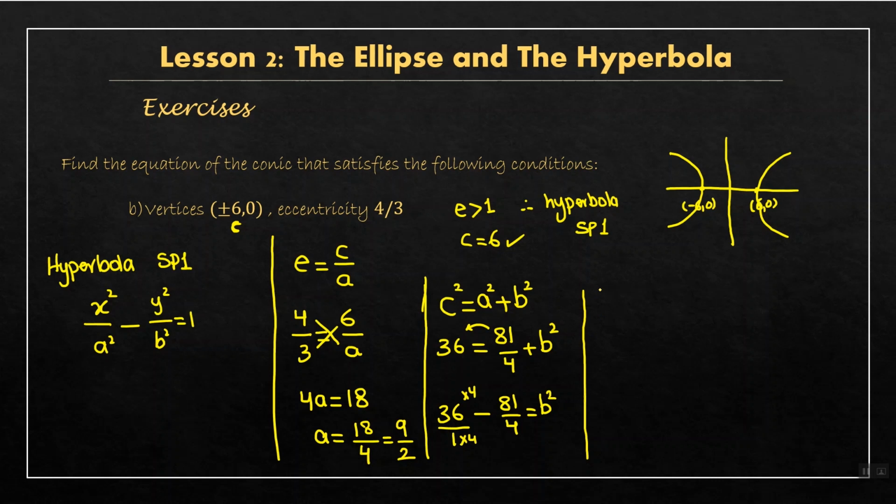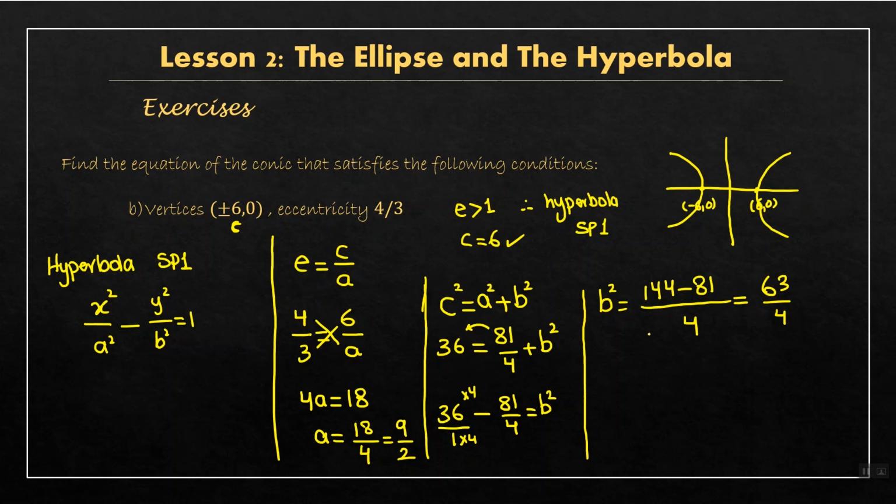So B squared equals, the denominator is 4. 36 times 4 is 144 minus 81. So this is going to be 144 minus 81. That is 63. So this is 63 over 4.